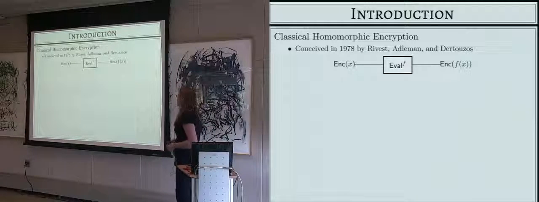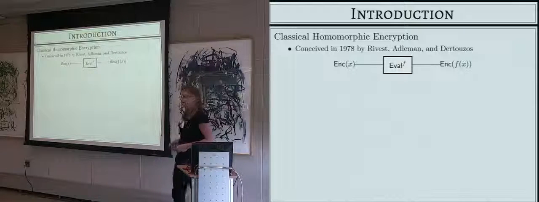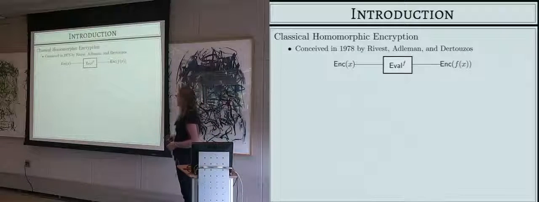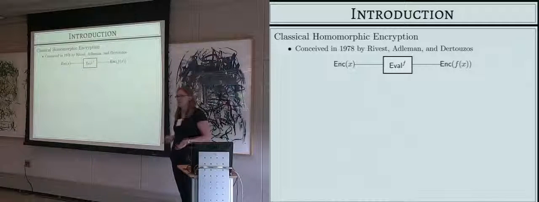So we want some sort of procedure, eval, which for any function f will take an encryption of x and give you an encryption of f of x. And f should be given as some sort of a classical circuit, for example, in addition and multiplication modulo 2.